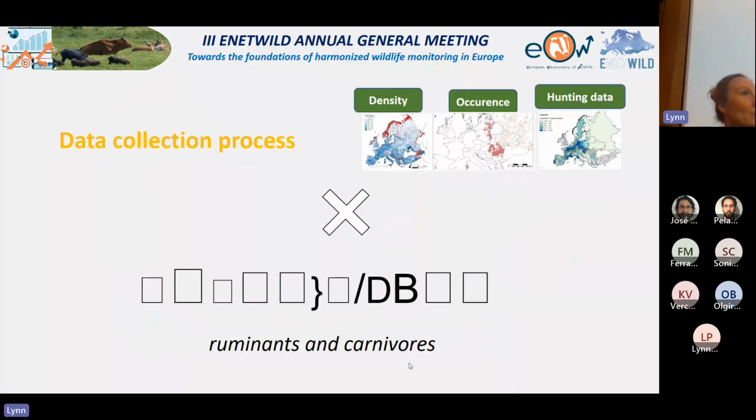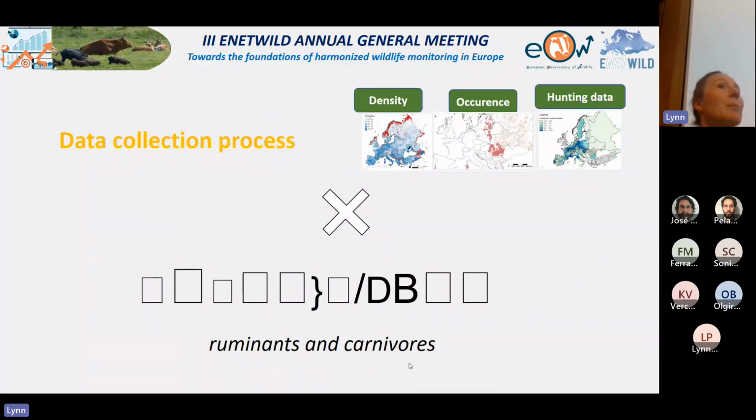Fortunately, we have ruminants and carnivores. So if you think about that, we are collecting only three types of data: density, occurrence, and hunting data.